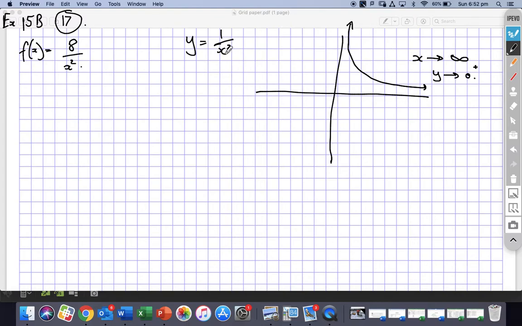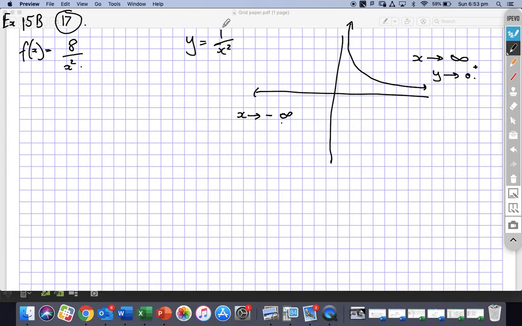But what about for negative x values? So if I'm looking down here, where as x approaches minus infinity, or very small numbers, I'll have very small numbers squared, and they will end up being positive values, and as those x values get closer and closer to minus infinity, this whole denominator here will get larger and larger.